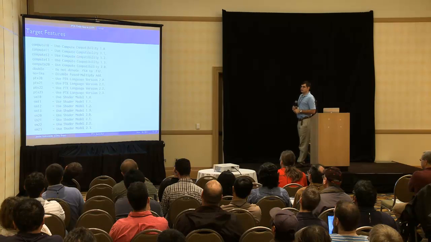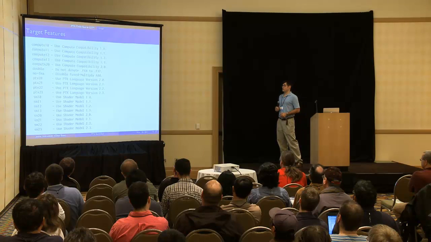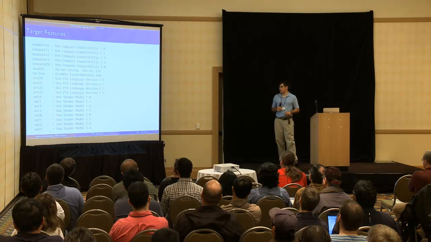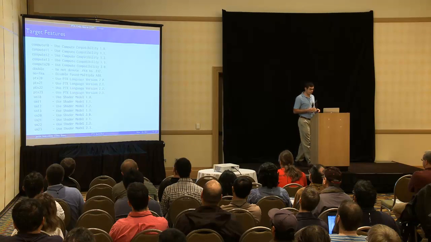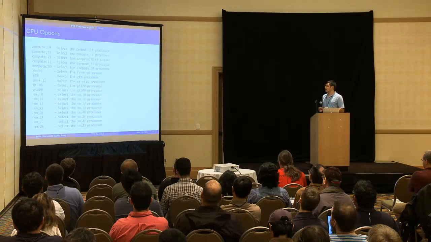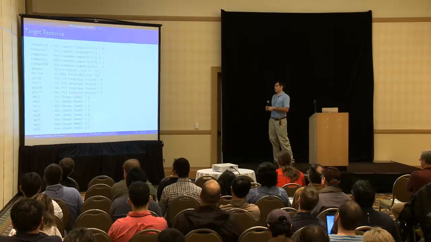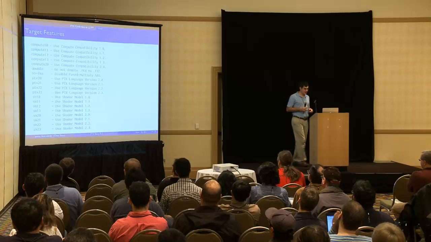We also support different options. You can actually override which compute model or shader model you're using. Of course, if you specifically target compute something or SM something for a specific CPU, then you probably don't want to be using these options.